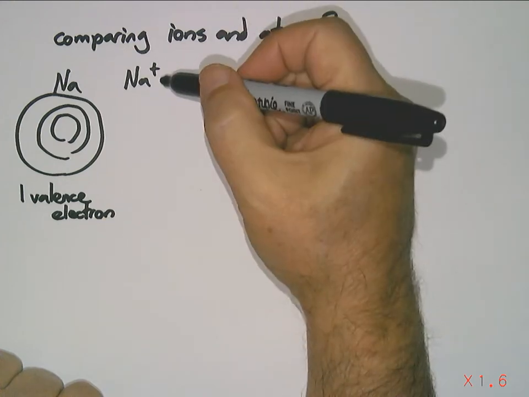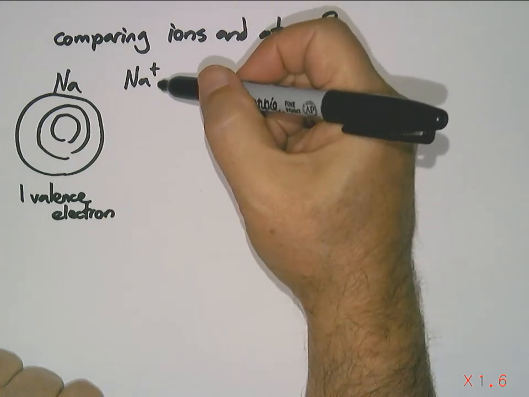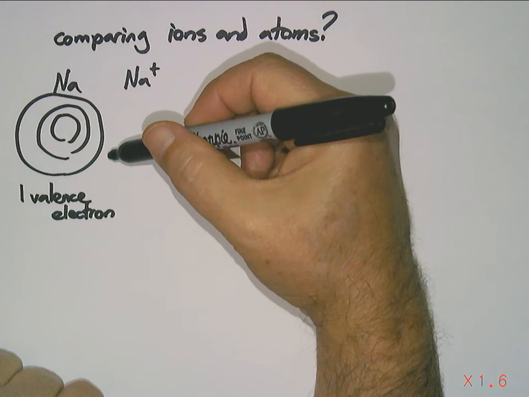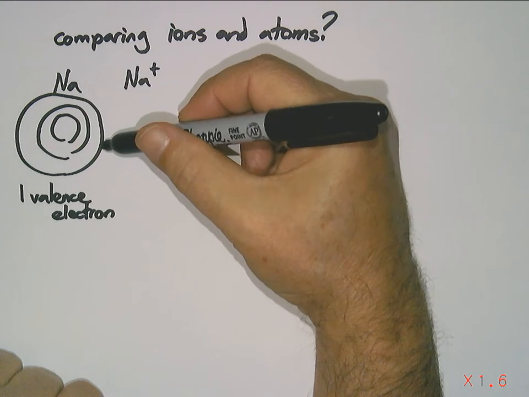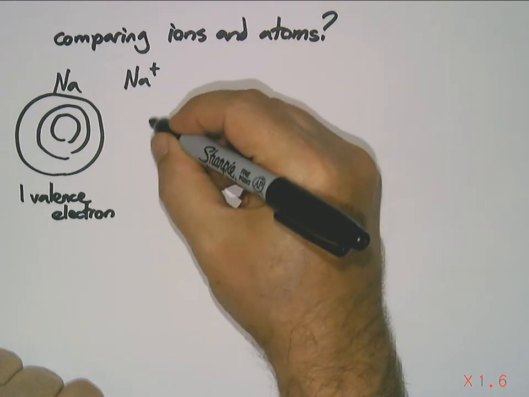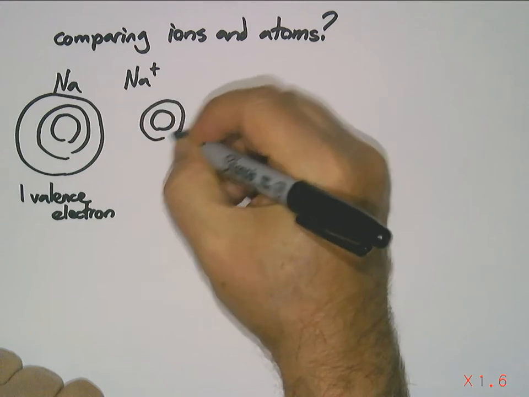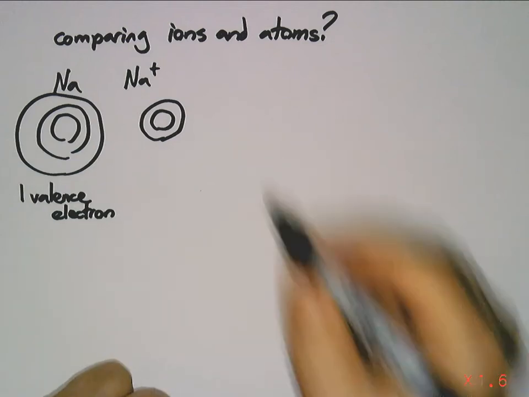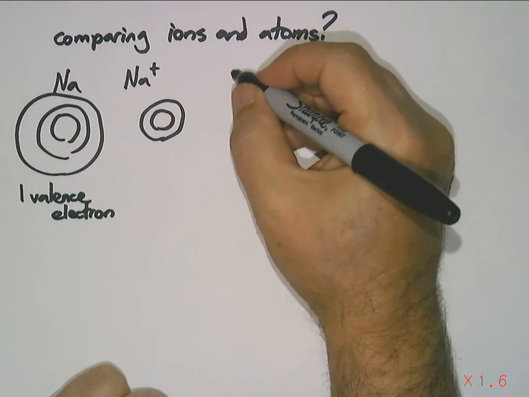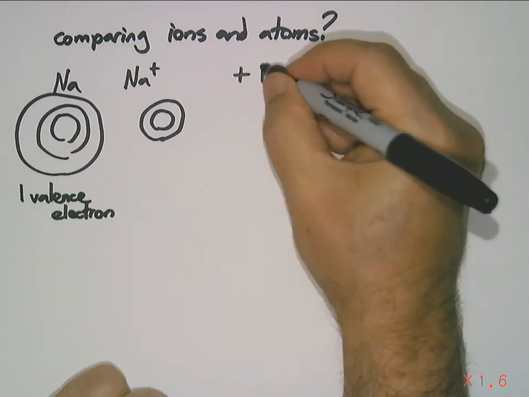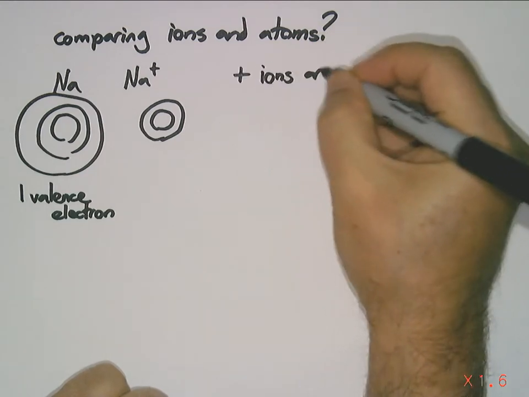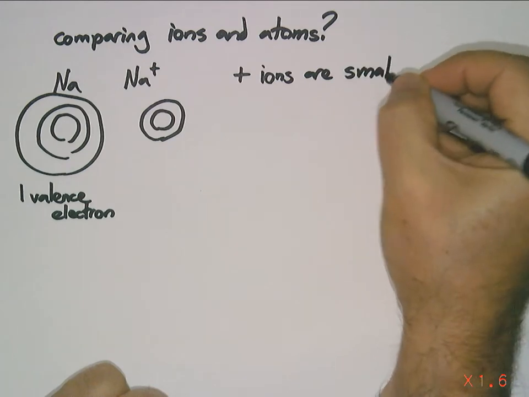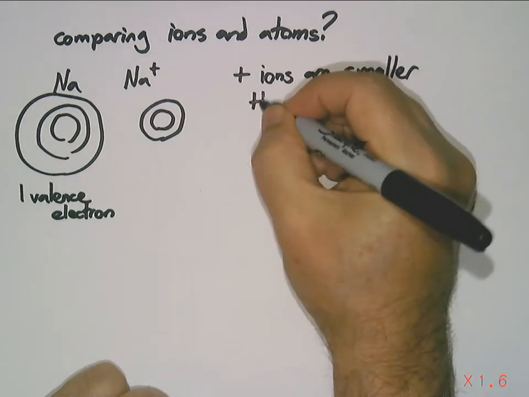If you take that 1 electron off to make a sodium ion, you're stripping off the valence shell. There was only 1 electron in that outer layer. So a sodium ion is only going to have 2 shells. So you can see pretty clearly which one's bigger. The sodium atom is bigger than the sodium ion. So plus ions are smaller than the atom they came from.